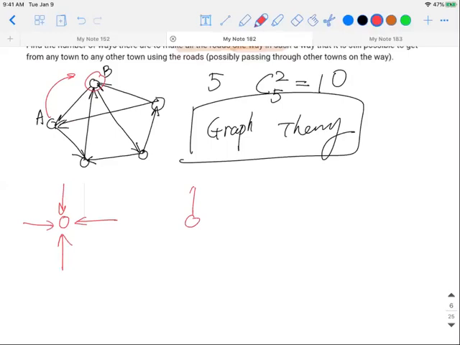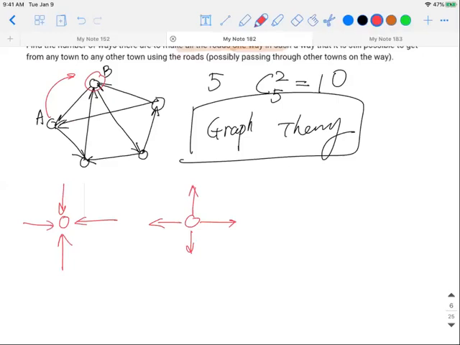Or if I have a town where all 4 roads are going out, there's no way for me to get to that town, because all the roads lead out. I think this is quite intuitive. You don't need a PhD degree to get this, it's very understandable. As long as you see this, you're opening a door to solve this problem.